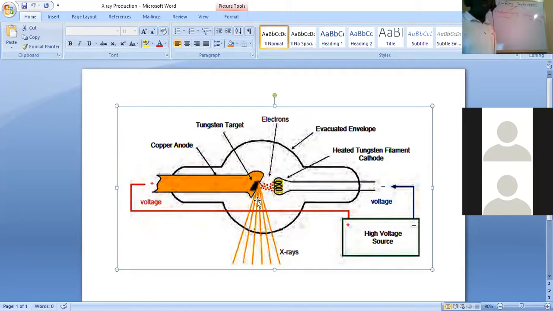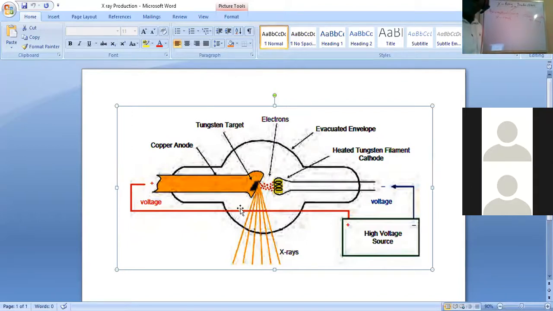Whereas just a very, very small percentage, in fact about 1% of the energy supplied by this cathode, eventually ends up as X-rays.